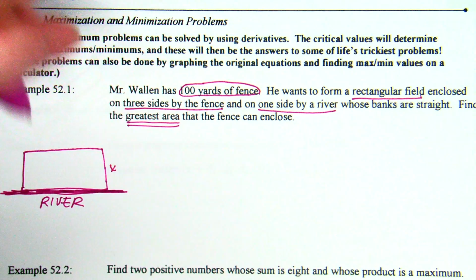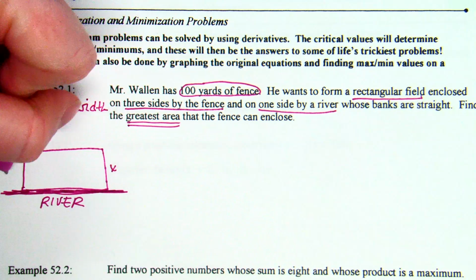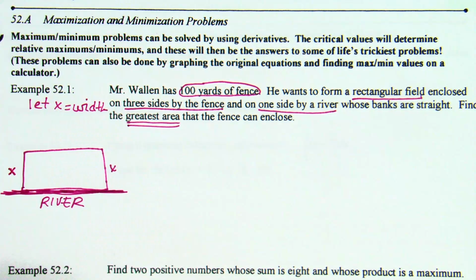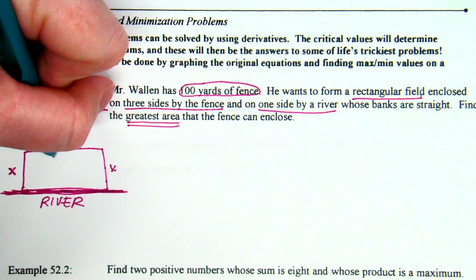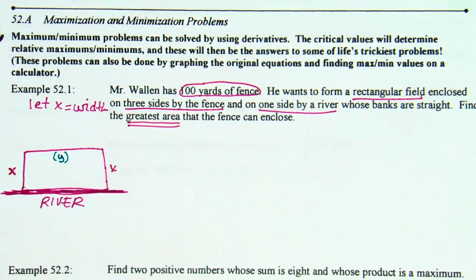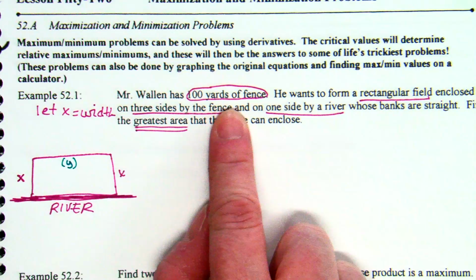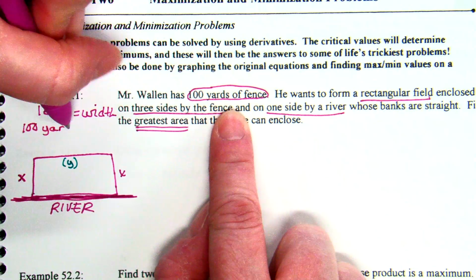Now, keep in mind, if X is our width at the right-hand side, then X is also our width at the left-hand side, right? For the moment, I'm going to think of that as Y. But we really need to talk about what the length of that side is in terms of X. What can we use to help us figure that out? We were given the fact that there are 100 yards of fence.